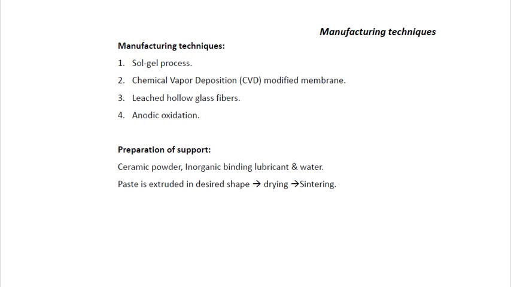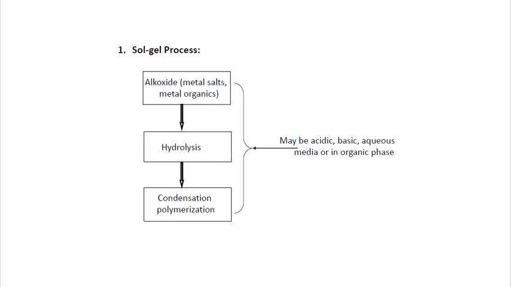You make a paste of all these materials, cast it on a surface, put it in a compression molding machine and press it at just below the melting temperature of the ceramic material. So the particles of the ceramic powder will diffuse into each other, and it will create a porous structure. This is the way you can create a porous support of the inorganic material.